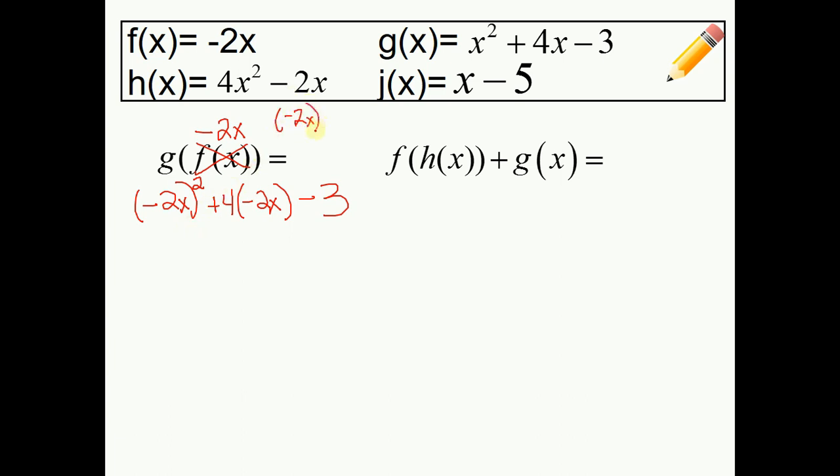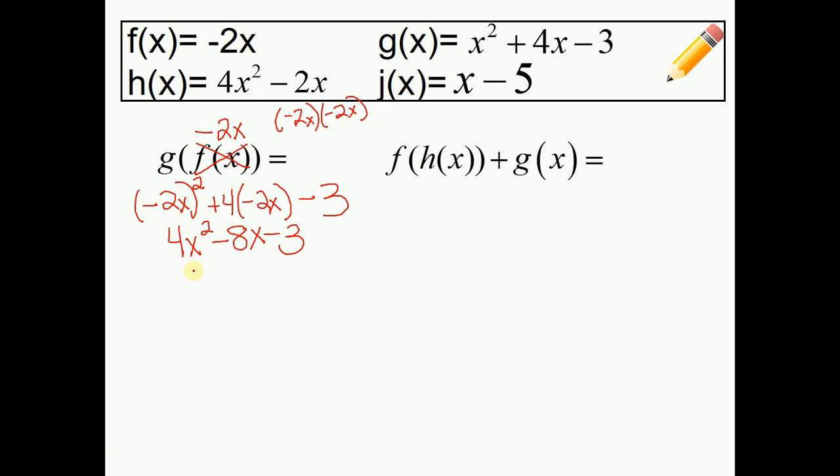Negative 2x, that's technically negative 2x times negative 2x, right? Negative 2x squared. So that would be 4x squared. 4 times negative 2x, that's negative 8x. And then minus 3. So g of f of x is equal to 4x squared minus 8x minus 3.